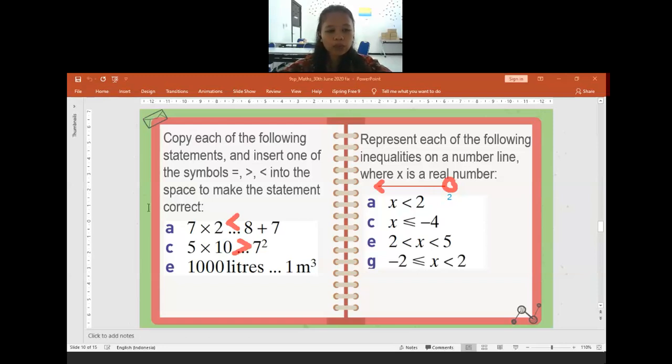If you forget, I will give you a clue. 1 liter is equal to 1 decimeter cube. 1 meter cube is equal to 1000 decimeter cube. So what do you think? Are they equal, or is it less than, or bigger than? Equal. Yes, it will be equal. Thank you, Rahmat, for telling me that I skipped question E.